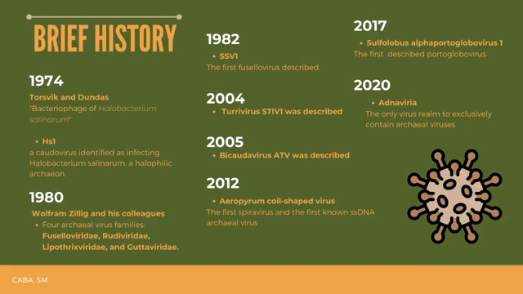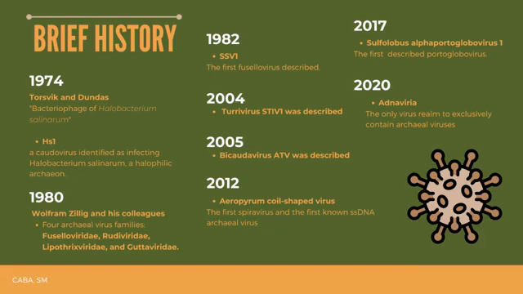A brief history of archaeal viruses. The first description of an archaeal virus was made by Torsvik and Dundas in 1974 in a Nature paper titled Bacteriophage of Halobacterium salinarum. This virus, named HS1, is a caudovirus identified as infecting Halobacterium salinarum, which is a halophilic archaeon.